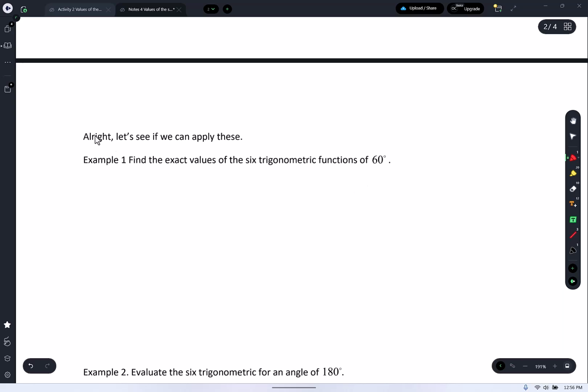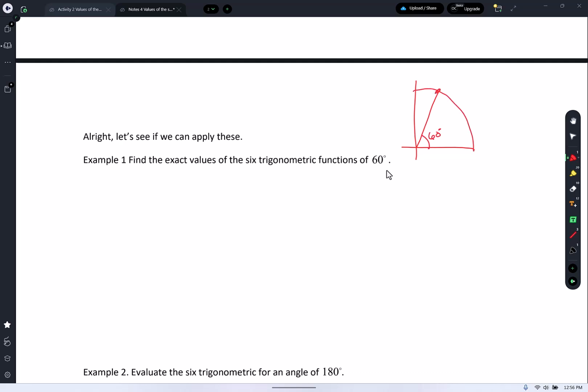It says, example one, find the exact value of the six trigonometric functions of 60 degrees. Okay, I'm going to reference 60 degrees. So here is 60 degrees, and at that coordinate, that is 1/2 comma square root of 3 over 2. Let's see, what do I need?